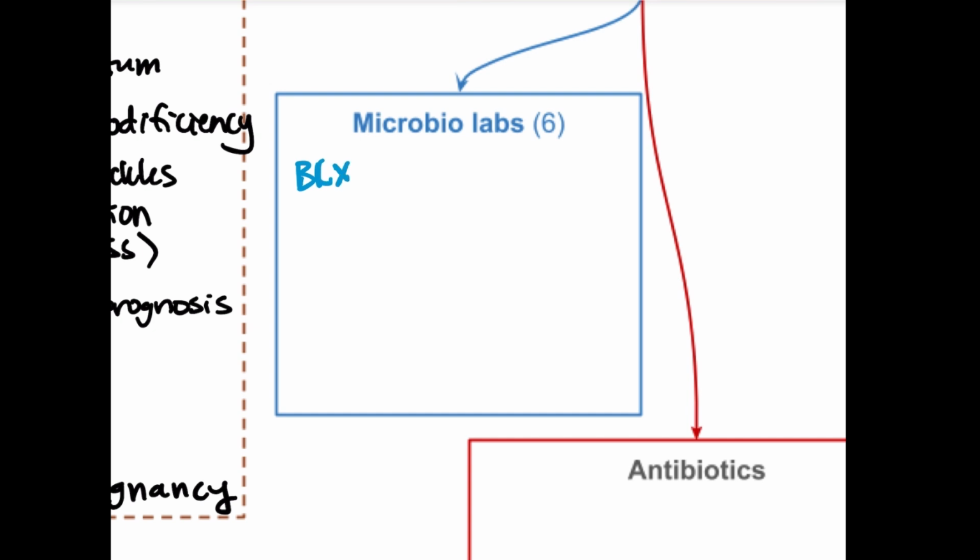We want 2 of them, and they should be peripheral blood cultures, and can ultimately help us narrow antibiotics down the line. We also want to get a sputum and do gram staining, as well as culture.